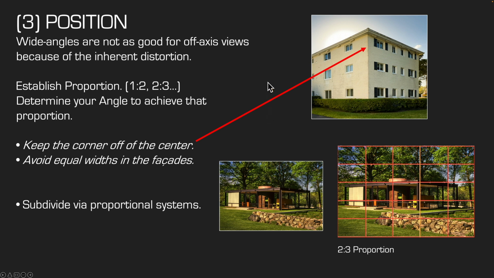Two things to be careful about. Again, we talked about this in earlier videos: not to have the corner of the building in the middle, because your eye goes here and your eye goes here. And the other thing is to avoid equal widths of the facade, because that tends to be a pretty boring, pretty static kind of composition.